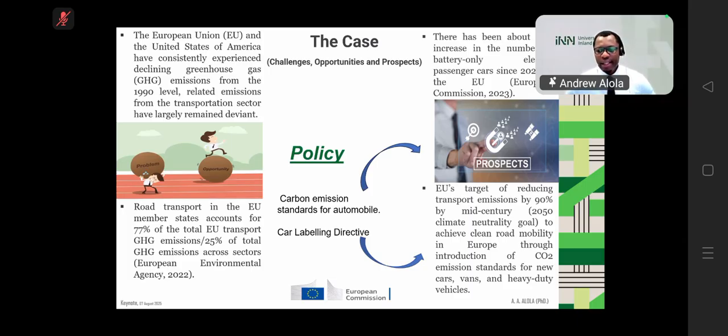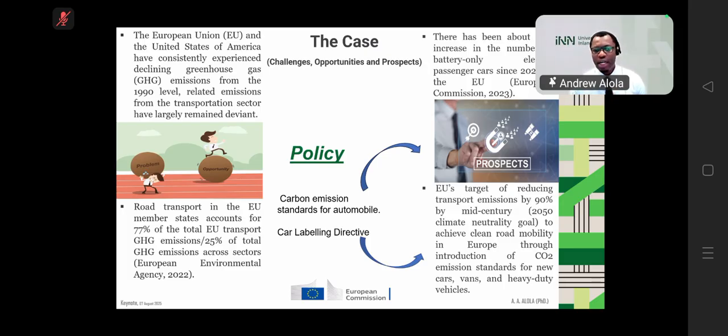And by the year 2050, the EU target is to reduce transport emission by 90%. Is that possible? Possibly. And that will only be possible if some of the policy measures being put aside by the EU are successfully implemented.